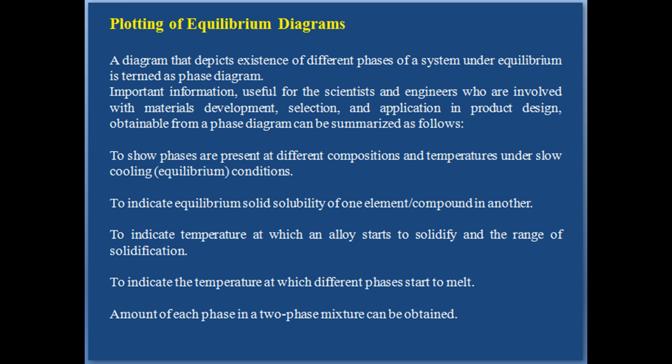Information obtainable from a phase diagram can be summarized as follows: to show what phases are present at different compositions and temperatures under slow cooling equilibrium conditions, to indicate equilibrium solid solubility of one element or compound in another, to indicate the temperature at which an alloy starts to solidify and the range of solidification, to indicate the temperature at which different phases start to melt, and the amount of each phase in a two-phase mixture can be obtained.